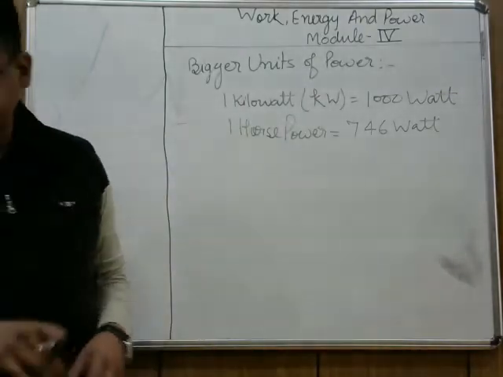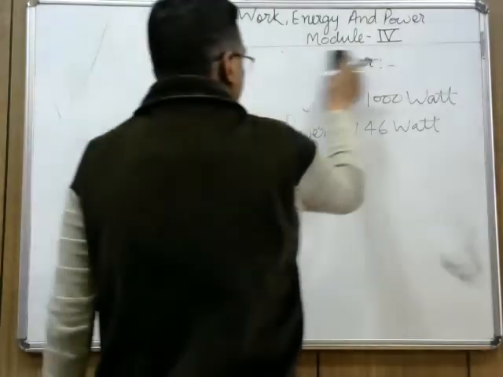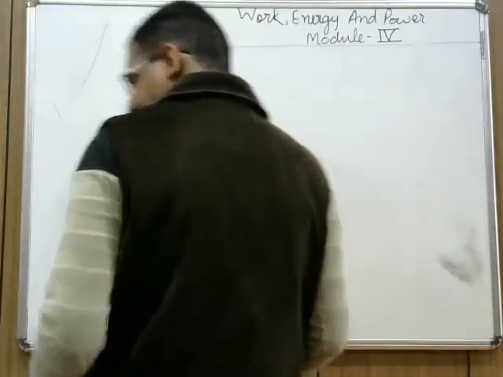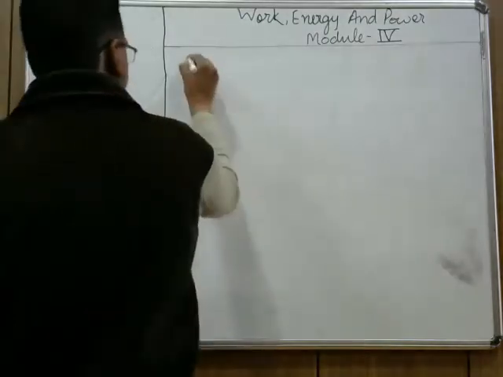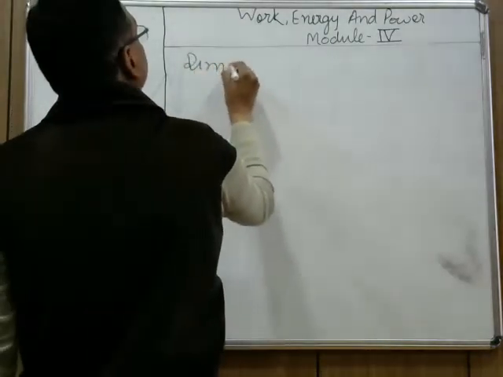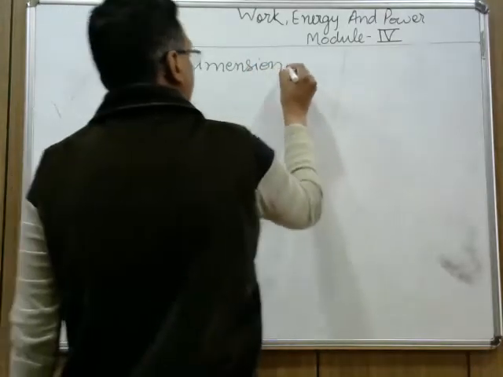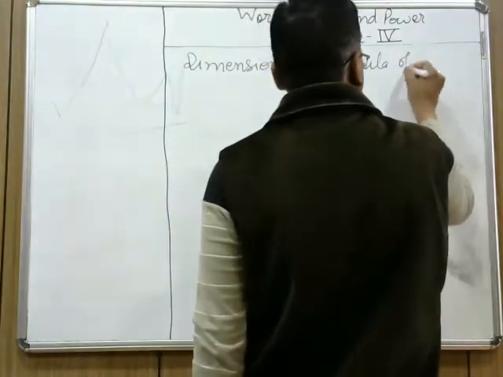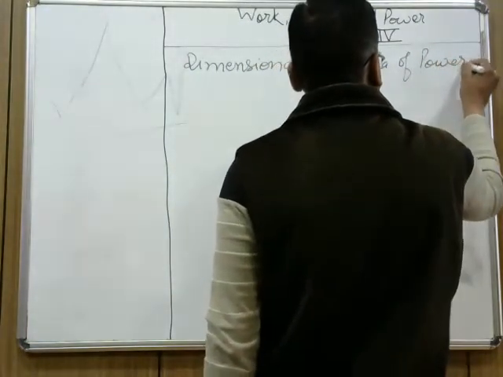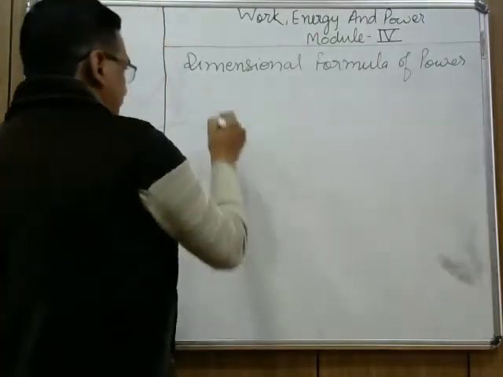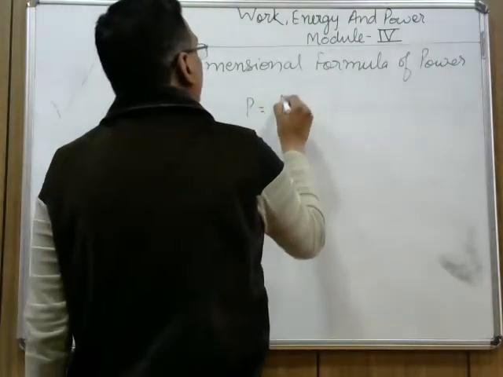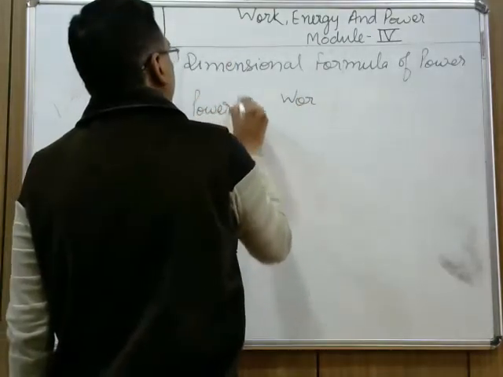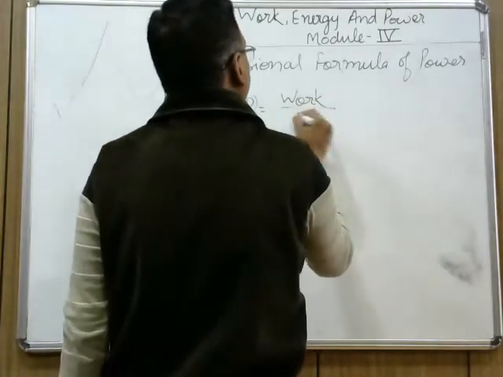Now next is the dimensional formula of power. Formula of power is P equals work upon time.